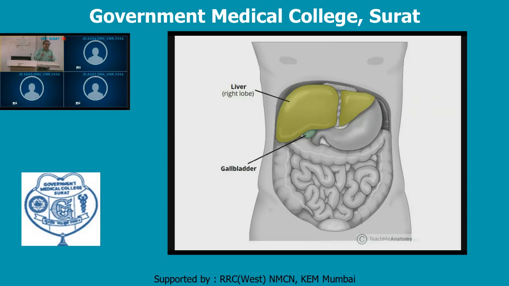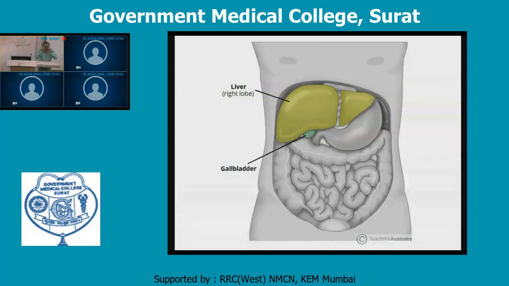This location is related with the angle formed between the lateral border of the right rectus abdominis and the right costal margin. Here is the projection of the fundus in that angle.